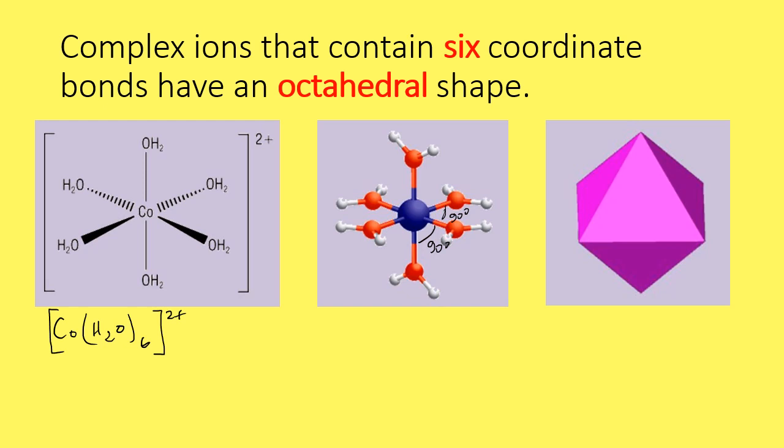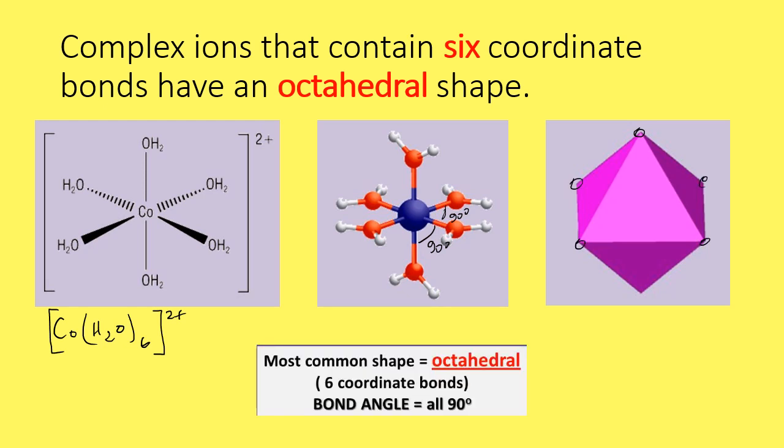And just on the right there we have a 3D filled-in shape of an octahedral molecule, where the corners would be where the ligands are, and in the middle of that shape would be the central metal ion. Okay, so 90 degrees for 6 coordinate bonds and octahedral shape.